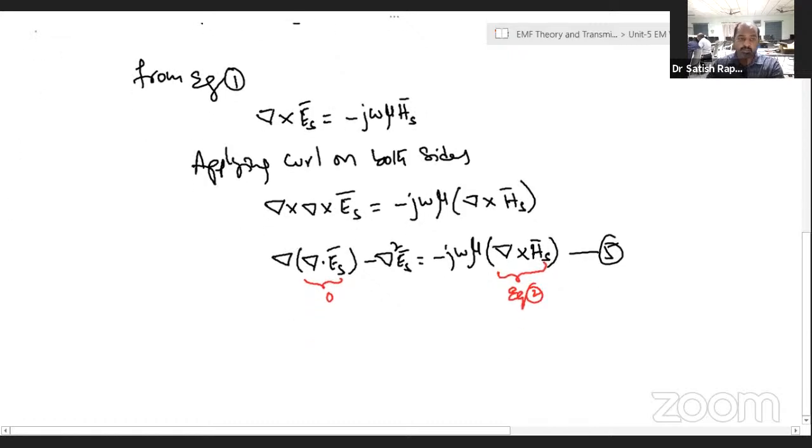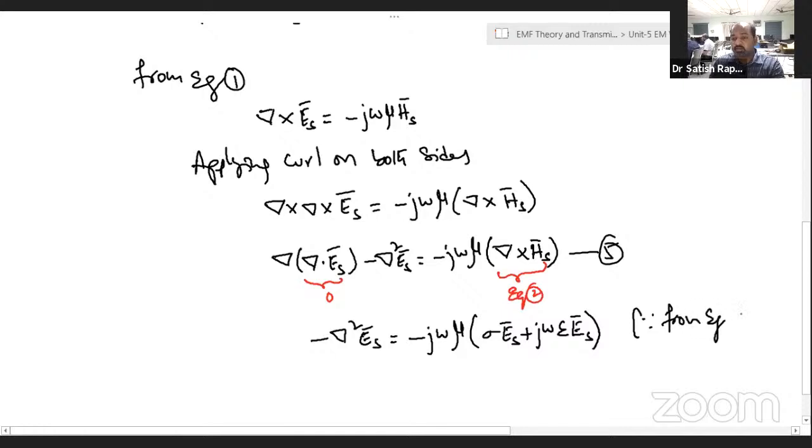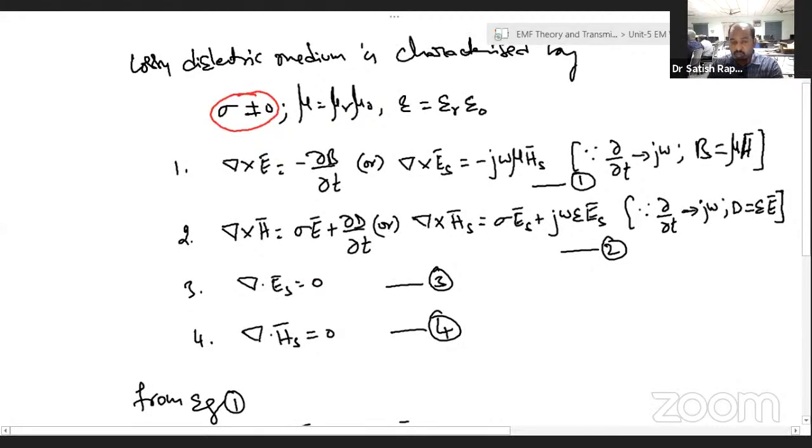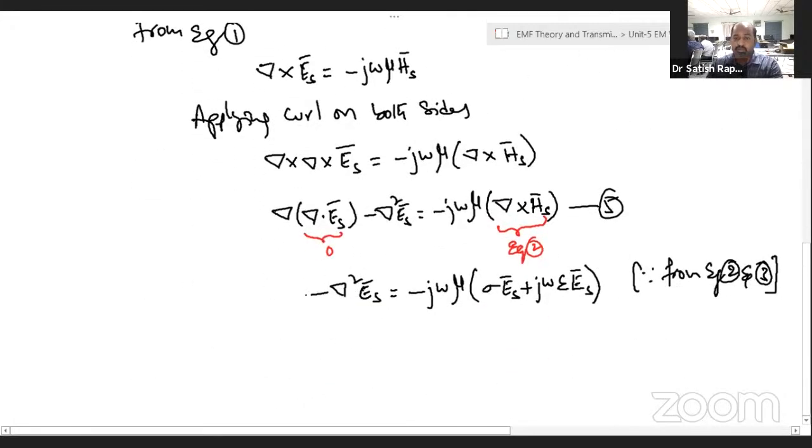Substituting those, minus del square Es bar is equal to minus j omega mu times sigma Es bar plus j omega epsilon Es bar, since from equations 2 and 3, del cross Hs is sigma Es plus j omega epsilon Es, and del dot Es is 0.